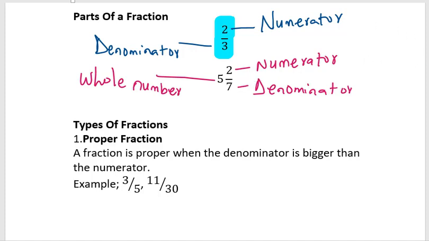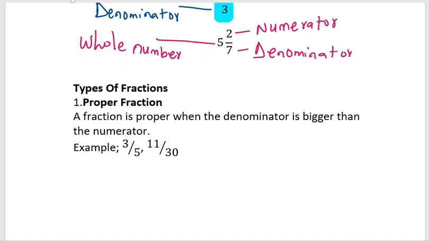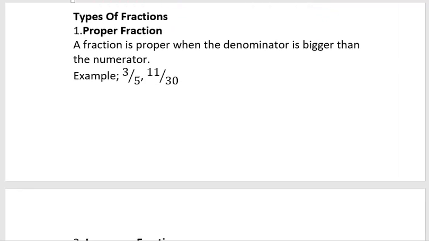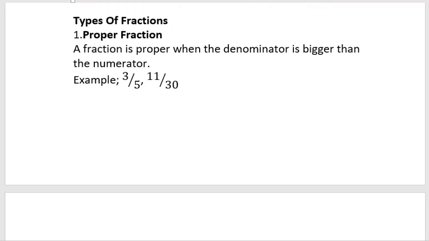Okay, let's go over to types of fractions. We have three major types of fraction. We can also have equivalent fractions, but we're not going to dwell on that. Let's continue from here. Proper fraction: a fraction is proper when the denominator, the number below, is bigger than the numerator.